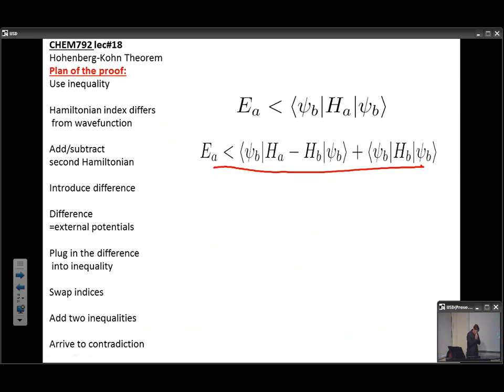We are speaking about the difference in molecular Hamiltonians.